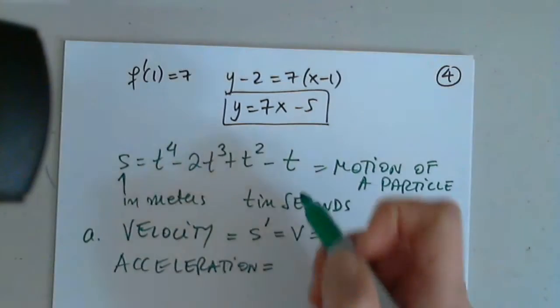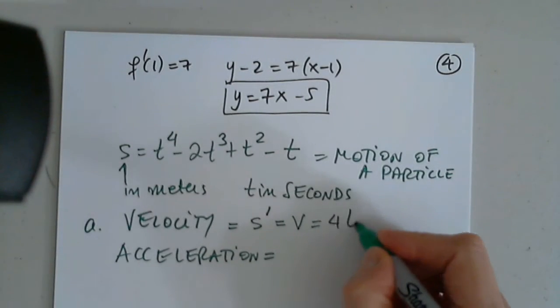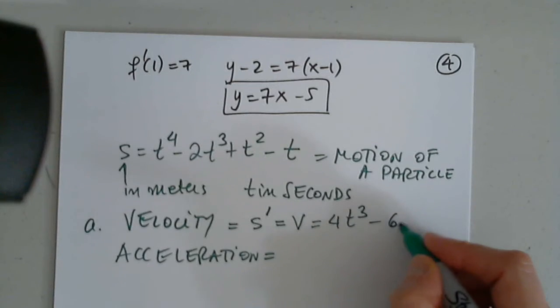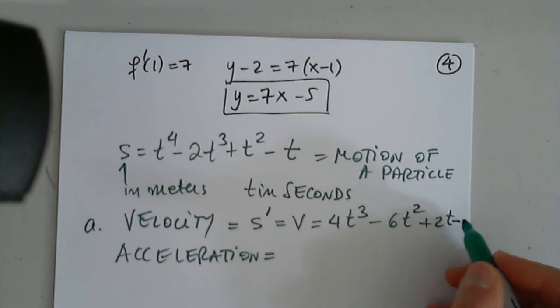Can anyone give us the derivative of this function? Oscar, would you like to give us the derivative of this function? It would be 4t to the third minus 6t squared plus 2t minus 1.